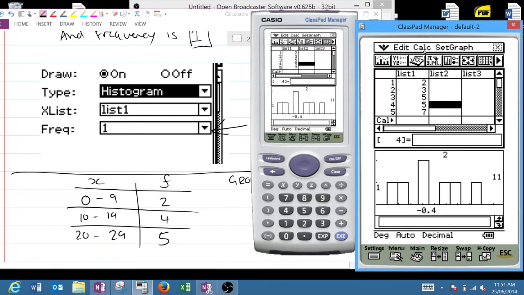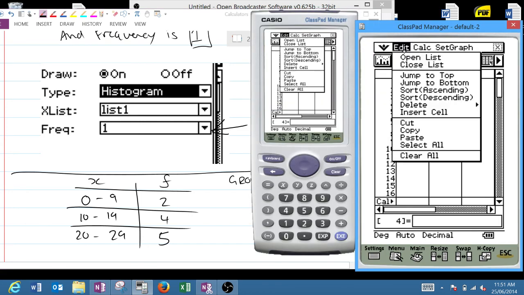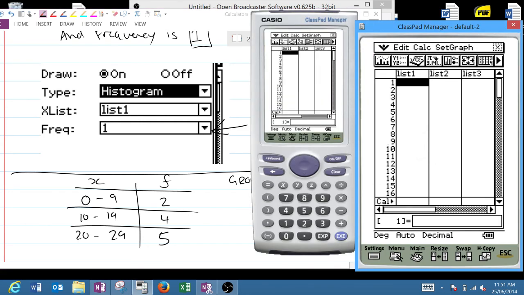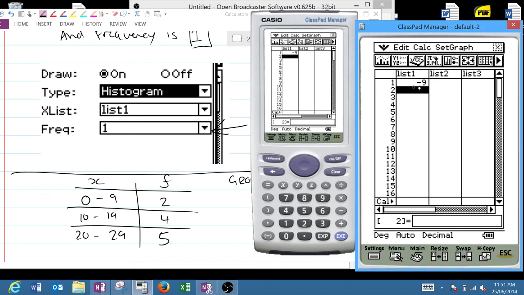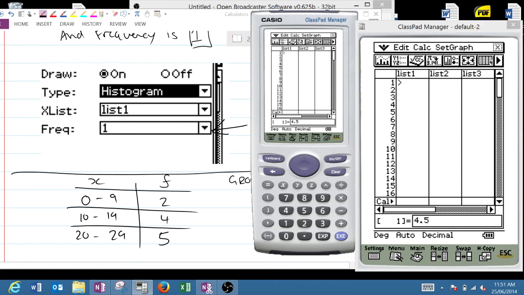So I'll restart it again. If I put 0 to 9, it comes up with -9. The calculator doesn't understand 0 to 9. Chris? Good, we have to put in the midpoint, so instead we put in 4.5.